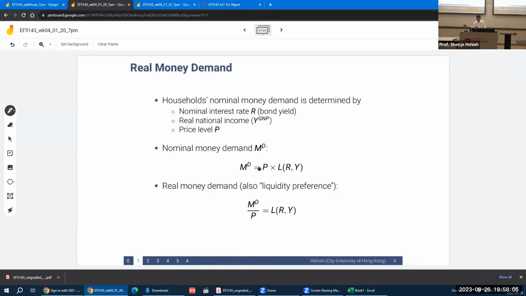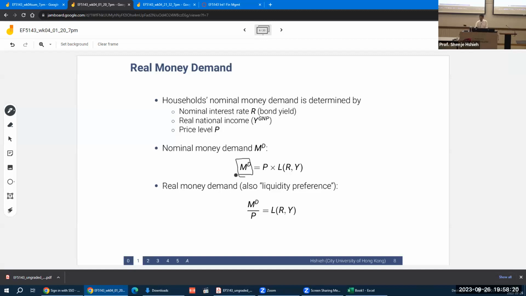And so we can just represent that with some variable MD. So that's the money supply. Okay, it's called money demand, but you'll see why, okay?